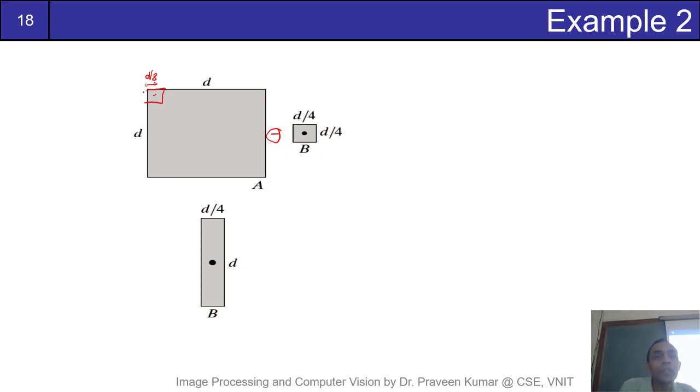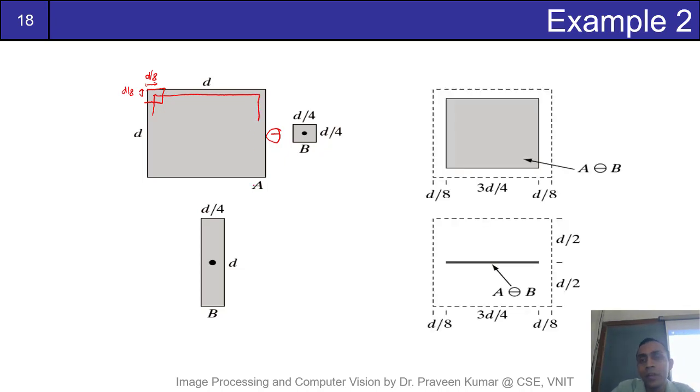Similarly, from the top also this will be a distance d by 8. So this will be the first on pixel. From here onwards you will get 1 pixel. Similarly, here also you will be eroded. So d by 8 and d by 8 from each side it will get eroded. So the leftover object will be of size 3d by 4 on each side.